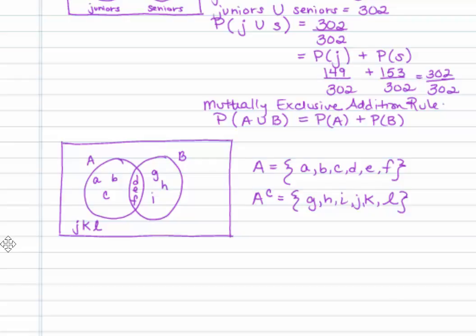That's why we do the complement rule, and I'll show the probability. The probability of getting something from set A: there are 6 of these possibilities here, so 6 out of a total of 12 letters, or 1/2. Probability of not getting an A is 6 out of the 12, or 1/2.